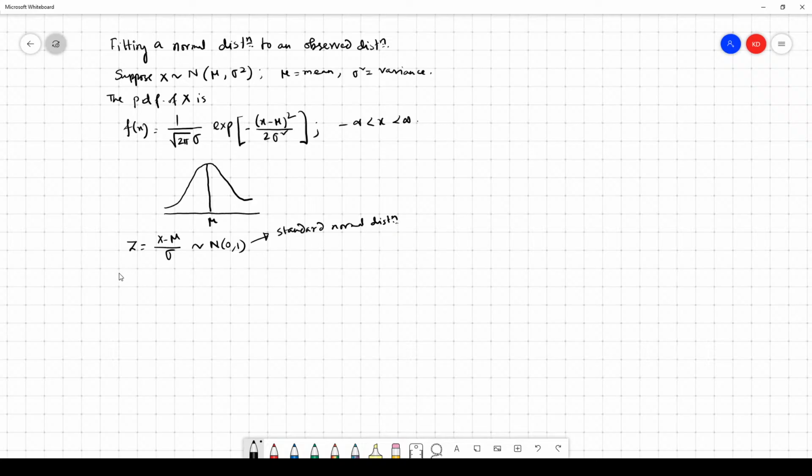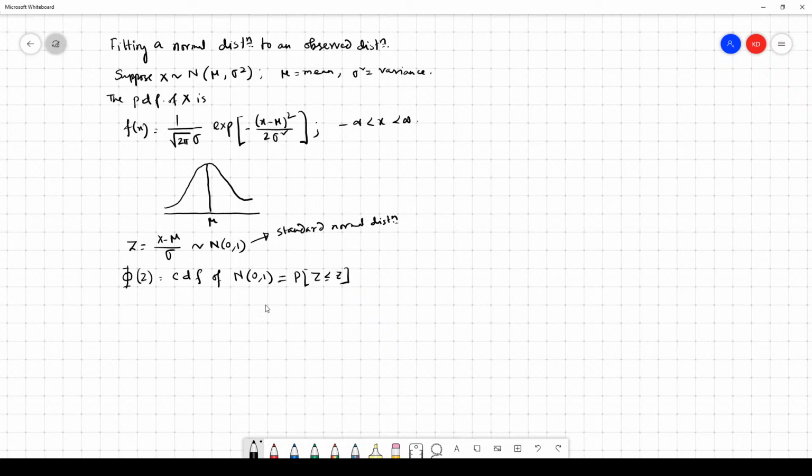We denote capital phi(z), the CDF, the cumulative distribution function of the standard normal distribution. This is equal to probability Z less than or equal to small z.